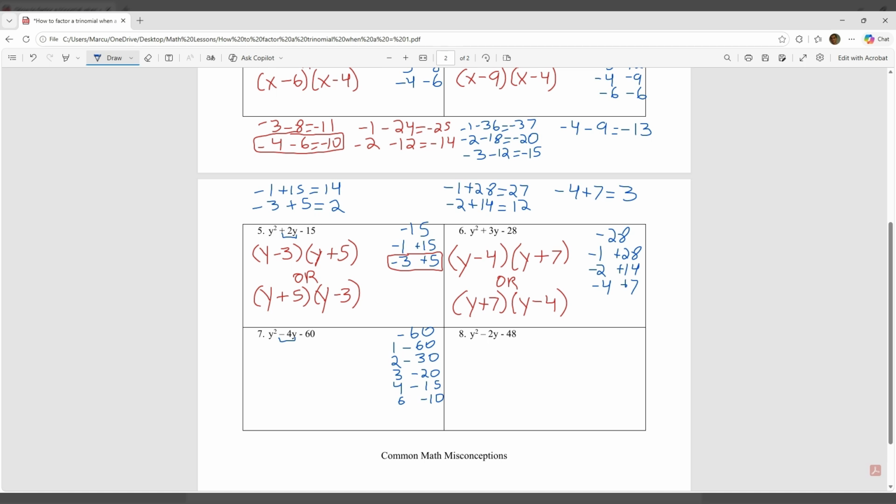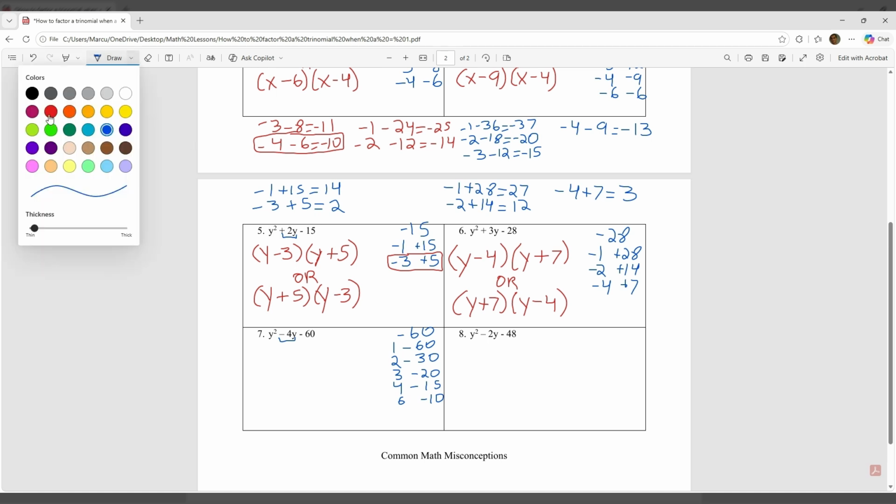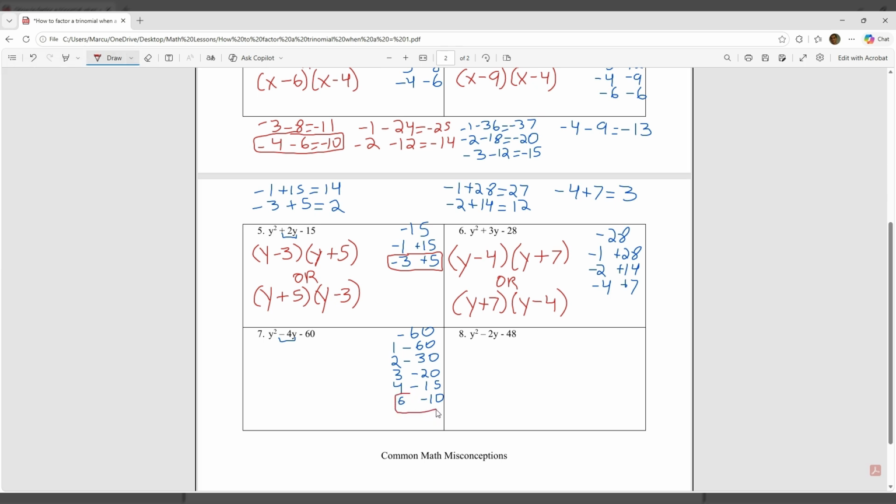And again, same idea. When you multiply, all 5 options will give you negative 60. However, there's only one option that when you combine is going to give you negative 4. And that's going to be this right here.